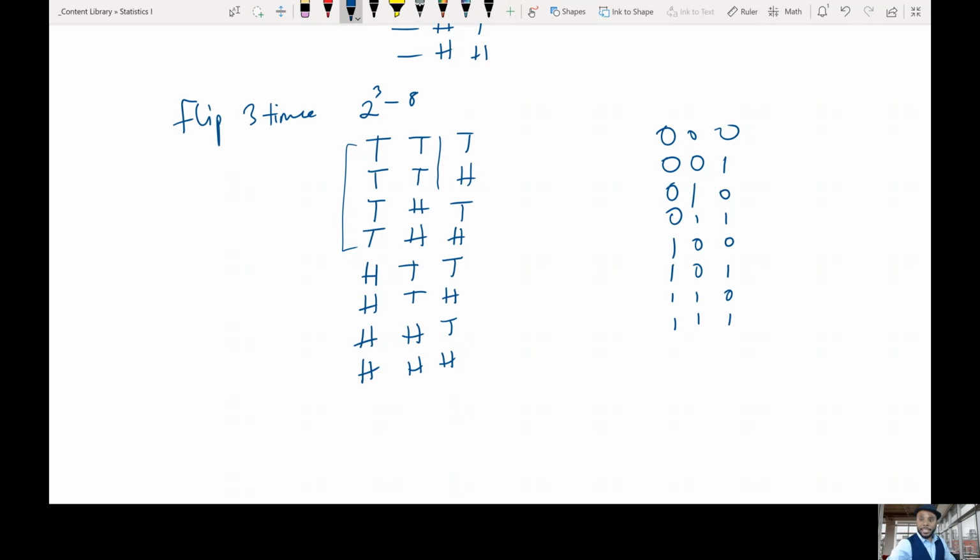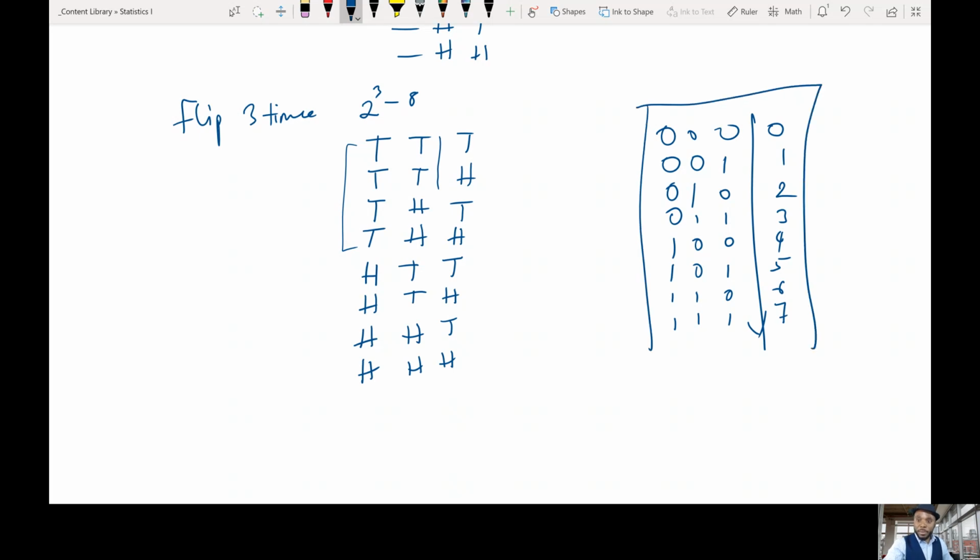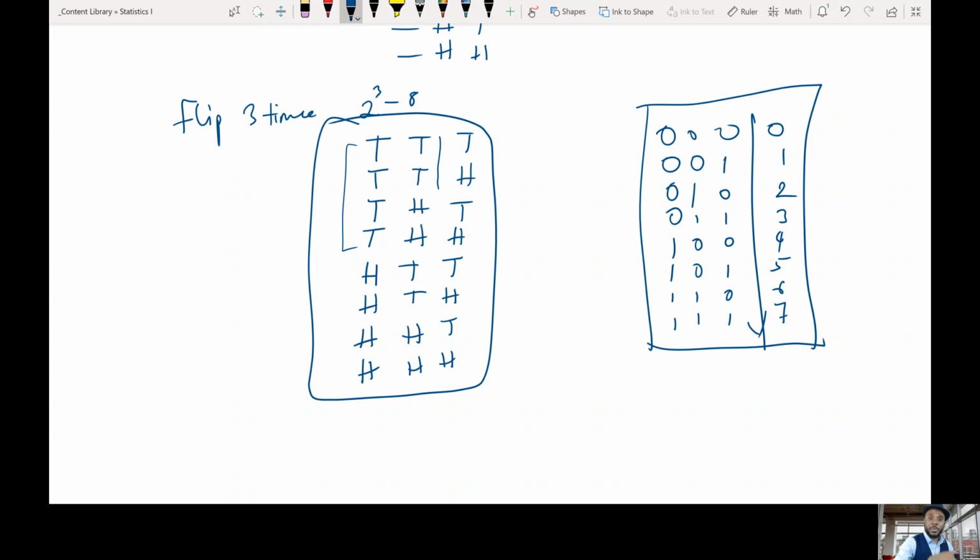This is actually in ascending order because the decimal equivalent will be 0, 1, 2, 3, 4, 5, 6, 7. Those who know how to convert binary numbers to decimal, which is not part of this course, would understand what I've just done. And that's how we came up with this sample space. Very easy without thinking. So if you count the number of single outcomes, you have 8 total single outcomes.